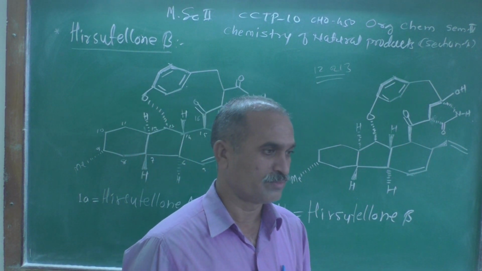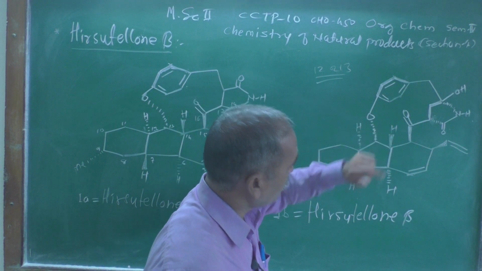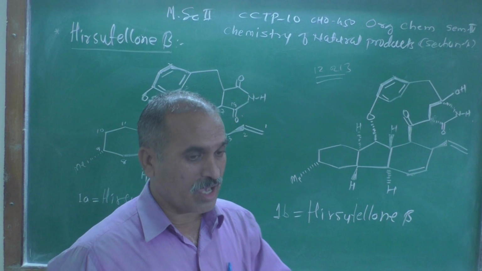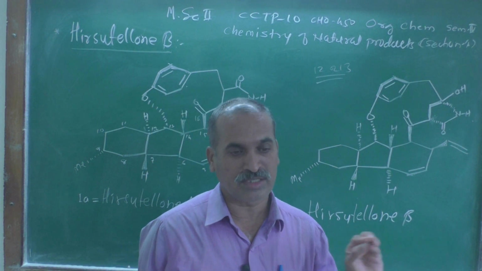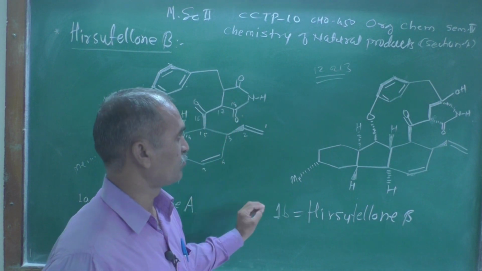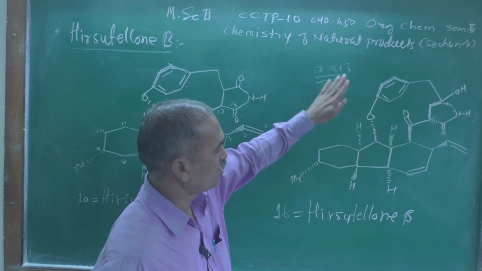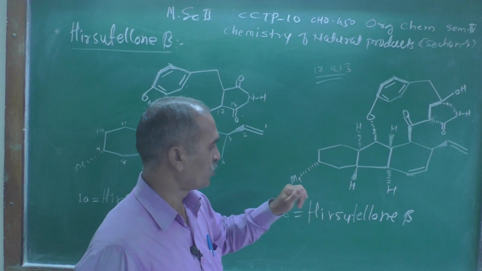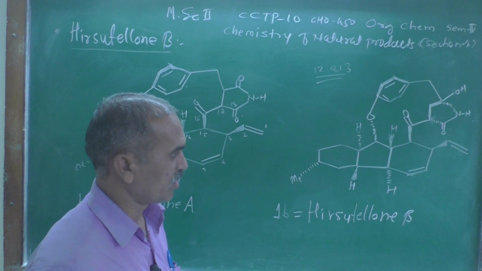And now tell me how many chiral centers are present in this molecule, because we are focusing our main concentration on hirsutolone B. We are going to synthesize this molecule.